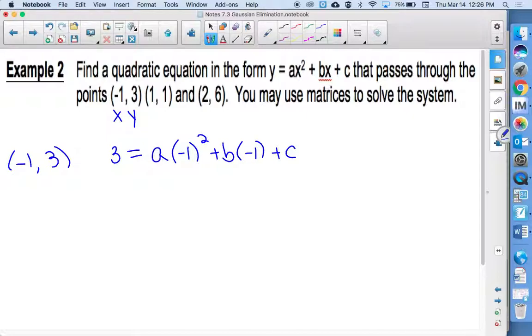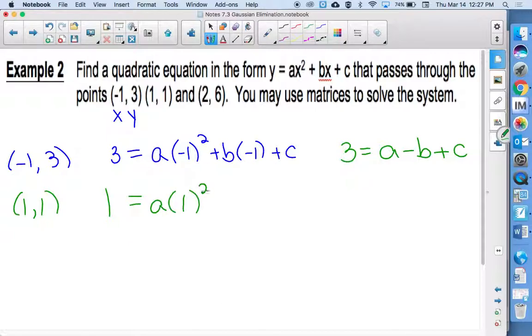So if I simplify this a little bit, we would have 3 equals a minus b plus c. Negative 1 squared is still 1, but it's now a negative b and a c. So Ethan, what do you think you would do next? Yeah, do it for the others. So you have 3 ordered pairs. If I'm going to have a system of equations with 3 variables, a, b, and c, I probably should have 3 equations to go along with them. So take the second point and plug it in for x and y.